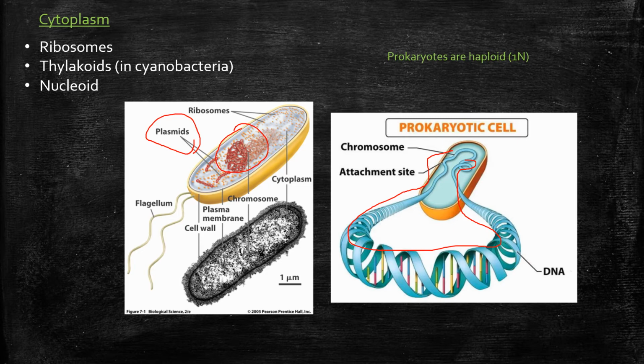We're going to talk about that a little bit later because we want to discuss how cyanobacteria is thought to have played a huge role in Earth's history. So for now, just know that thylakoids are stacks of discs used for photosynthesis, and those are present in autotrophic prokaryotes, particularly in cyanobacteria.